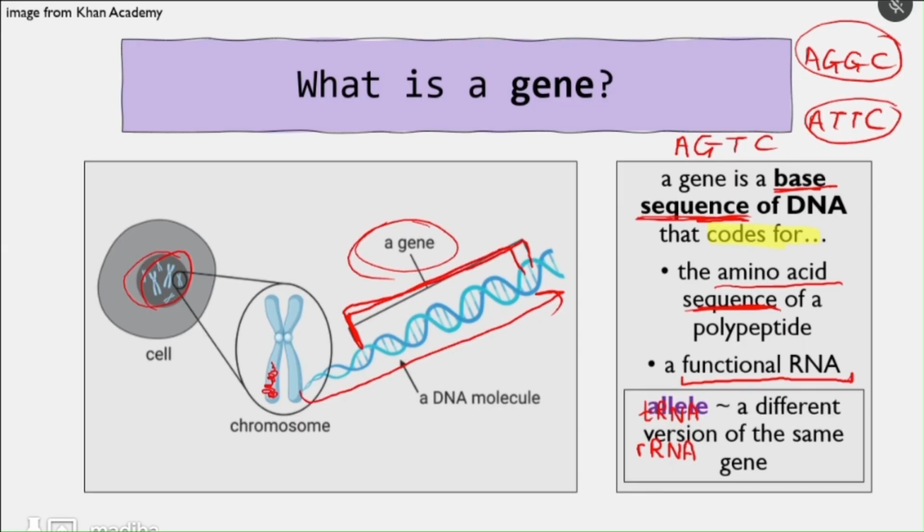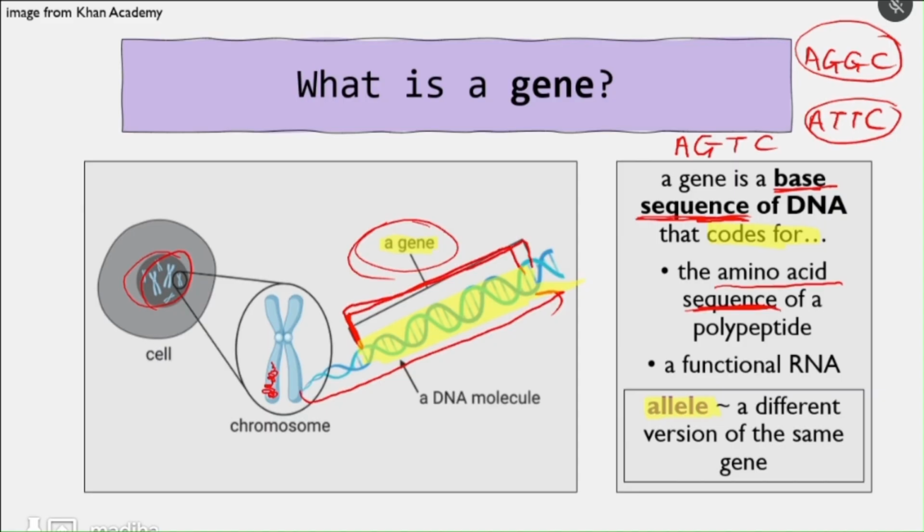Also, I forgot to say, it's not in this topic, but I don't see it anywhere in the specification, like when you're meant to learn it, so I've put it here just in case. If you don't remember from GCSE, just make sure that you know that an allele is a different version of the same gene. So you can have a gene here, and this gene could code for, I don't know, hair colour.